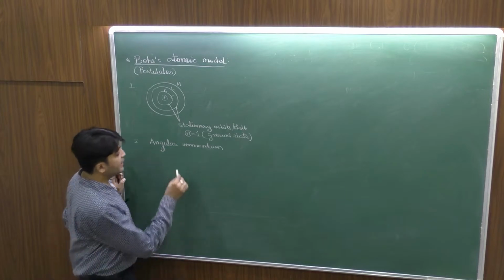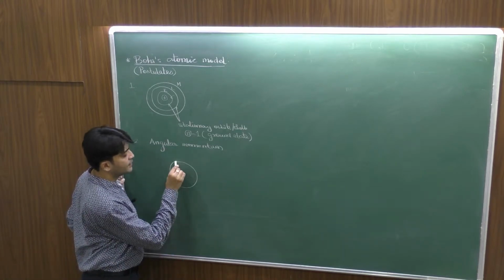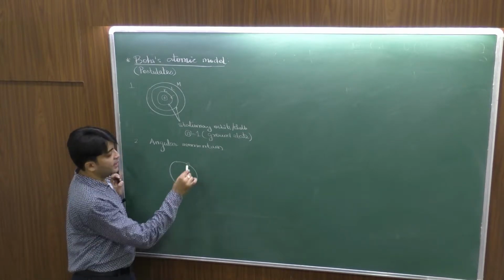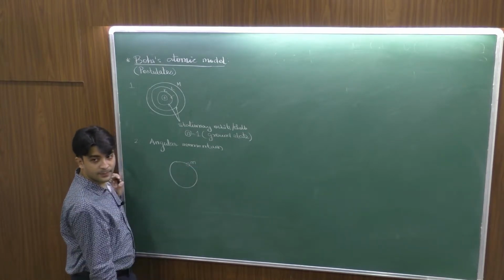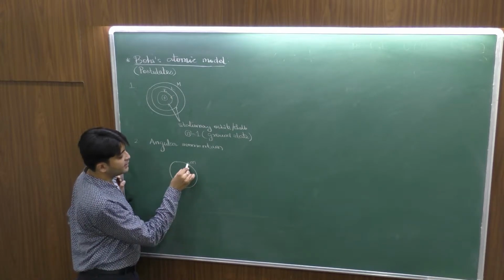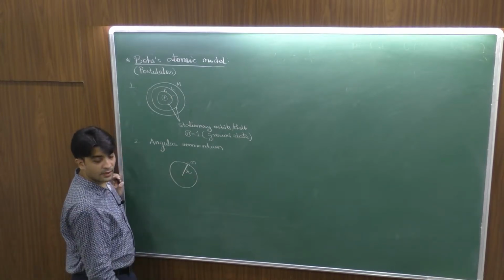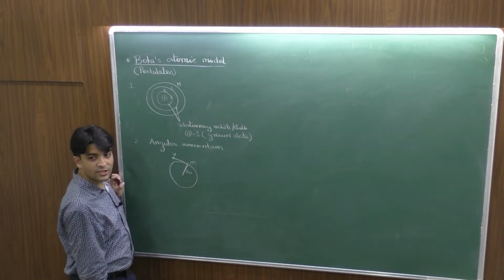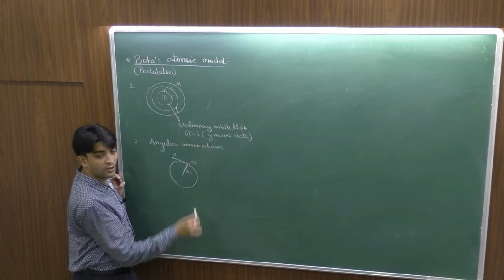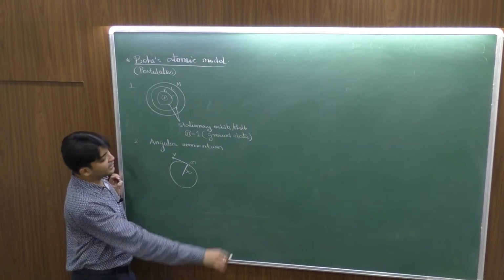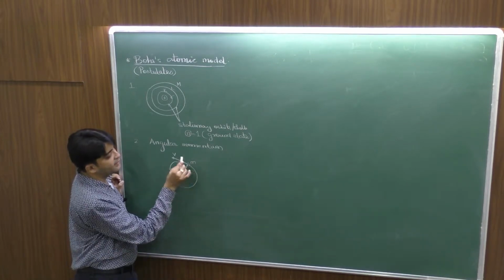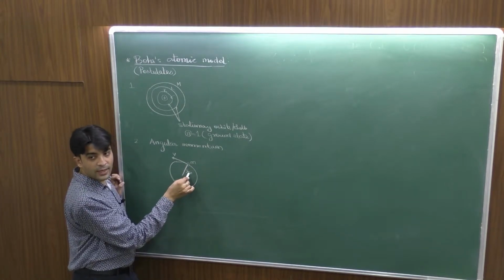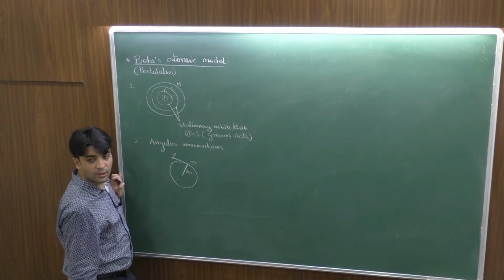Okay. If I have any particle or object which is revolving in a circular path and has a mass m, and the distance from the center is its radius r, and it is revolving with a velocity v, which is tangential velocity, meaning measured along the tangent, then the angular momentum is the product of mass, velocity, and radius. mvr is called the angular momentum.